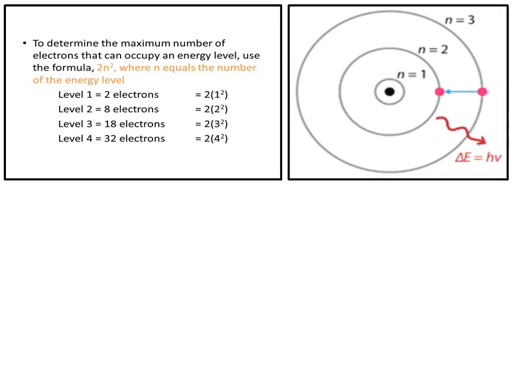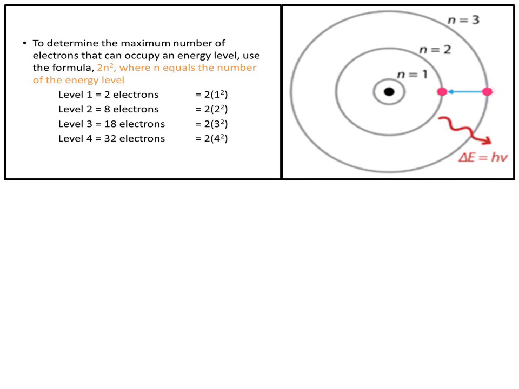Level 1 means the first shell; it contains 2 electrons. According to 2n square, it is 2 into 1 square, so the first shell contains 2 electrons.